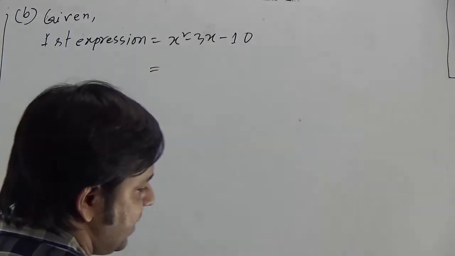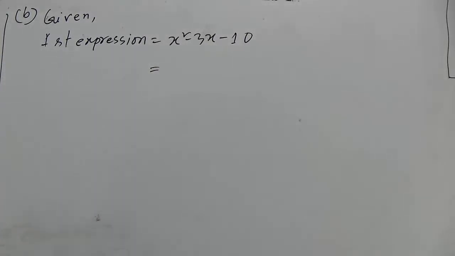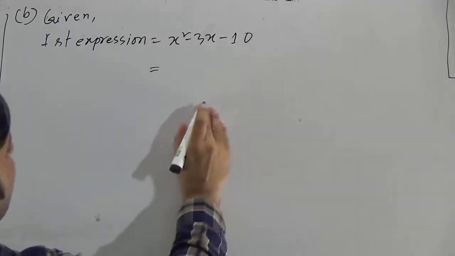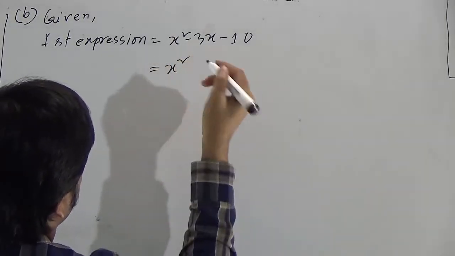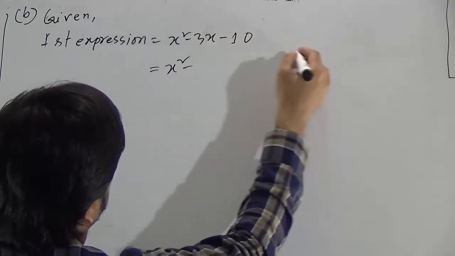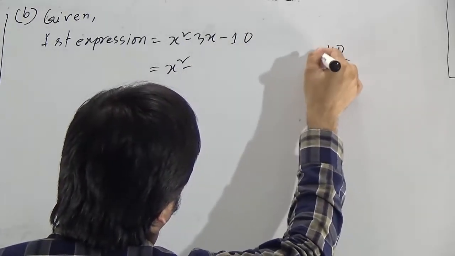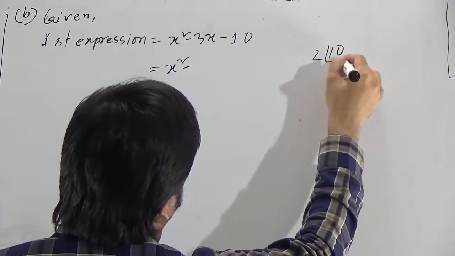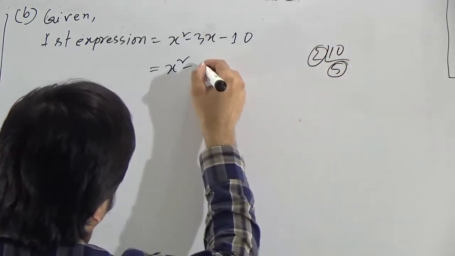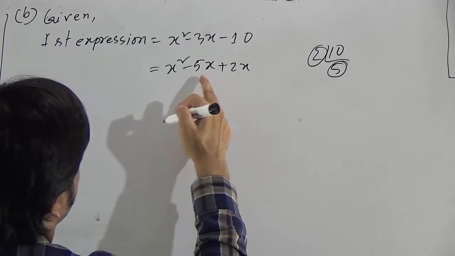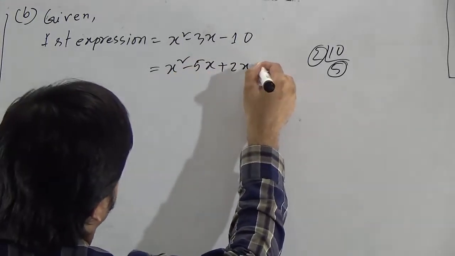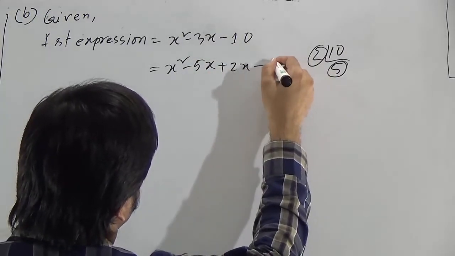At first factorize this expression. Dear students, this is a middle term split. We can factorize this in this way. 10 factorizes to 5 and 2. If we write 5x negative and 2x positive, the sum of these two will be minus 3x, and the product of 5 and 2 is 10.